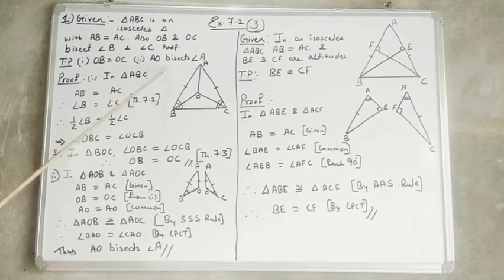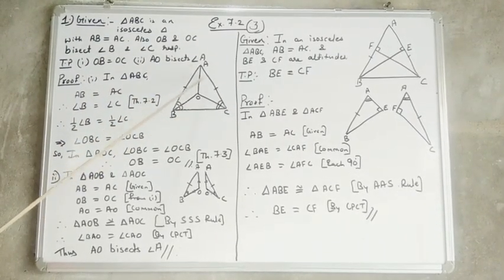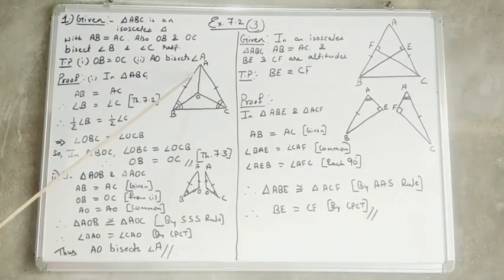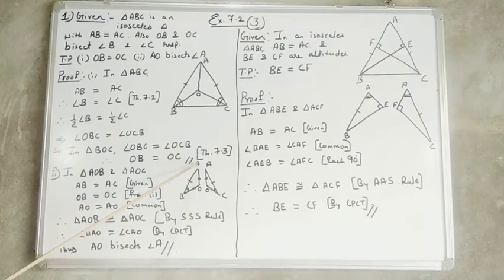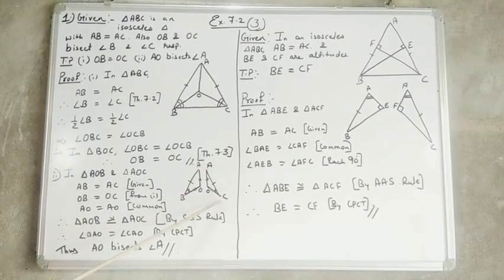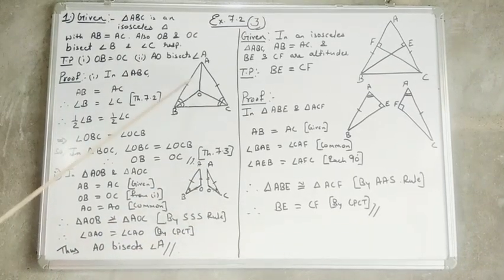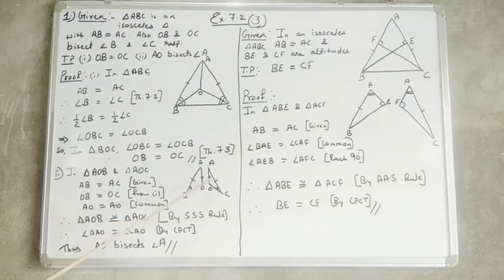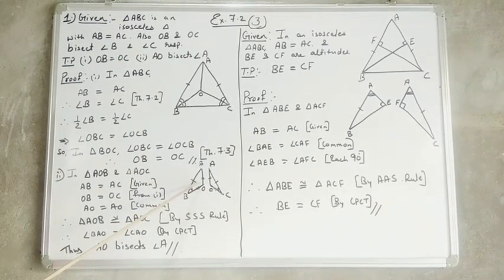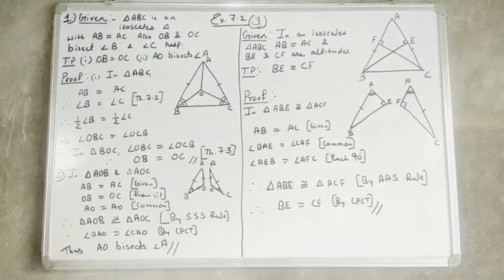Now the second part: AO bisects angle A. That means these two angles are equal. For this, I have drawn two triangles, ABO and ACO, or you can say AOB and AOC. By proving the congruency between these two, by CPCT at the end we can say that these two angles are equal.